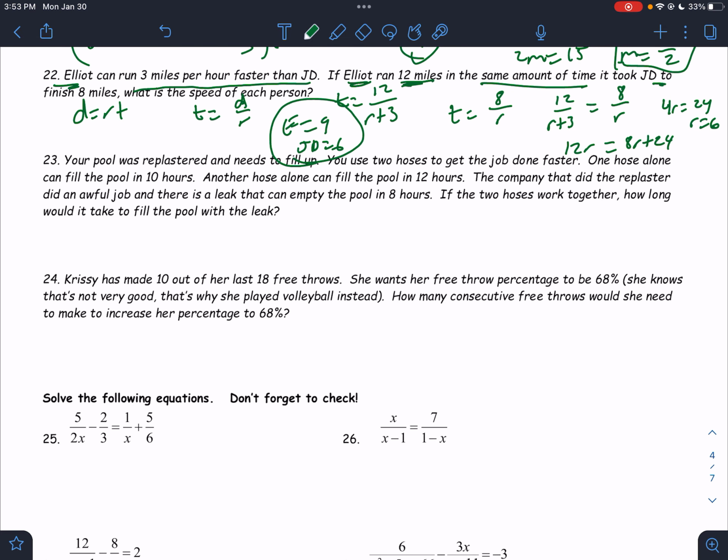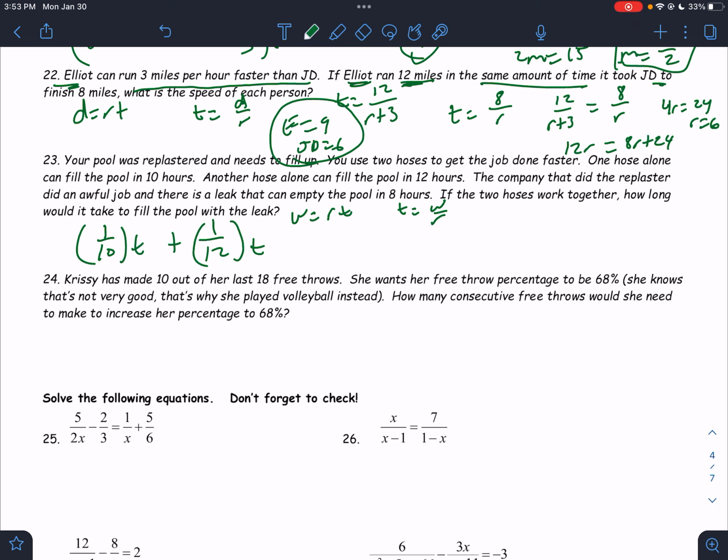So it's work equals rate times time. All right. So time equals work over rate. One hose is 10 hours, so he does 1/10 times how long you do it, plus 1/12, sorry, the other one's 12, and how long you do it.